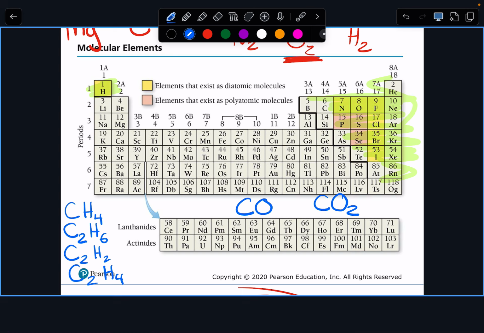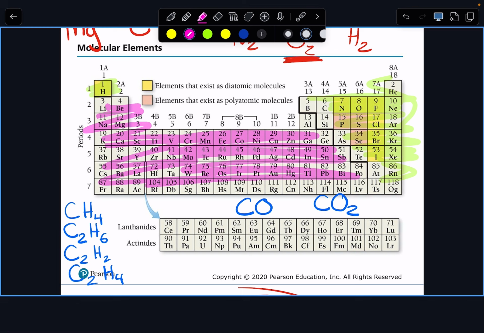That is different than ionic bonds. The reason I'm emphasizing this right now is it's very different than ionic bonds. Ionic bonds are formed between a metal, so a pink one, and a nonmetal. This is a question I get at the end of chapter 3 or 4, when they're getting ready for the test and they're like, I don't understand how to name them though, because how do I know if it's an ionic or a covalent?